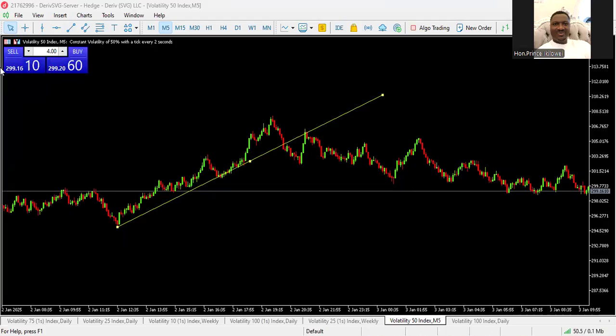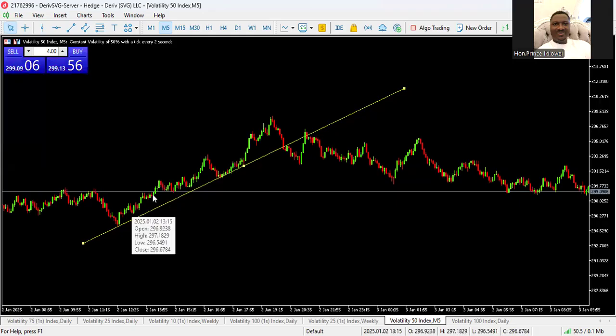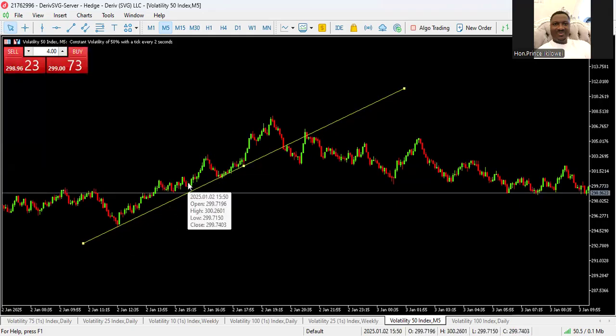So let's keep going. This is now an uptrend. If I am to make a decision to buy this market, I'll buy this market here, not here. For those of you who are new, what you're seeing is called candlesticks.